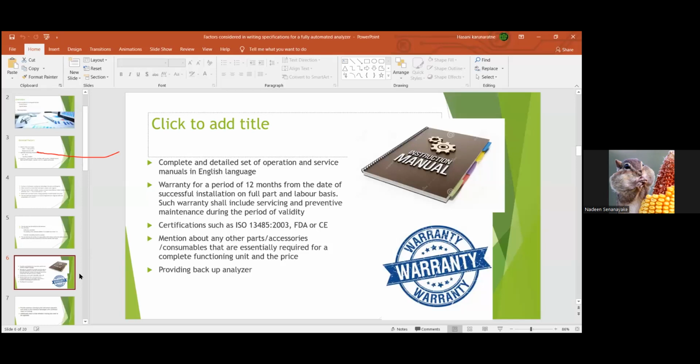And there should be certifications such as ISO 13485:2003 or FDA or CE. They should mention any other parts or accessories or consumables that are essentially required for a complete functional unit and their price, because those things are needed to calculate the 5-year cost of the analysis.